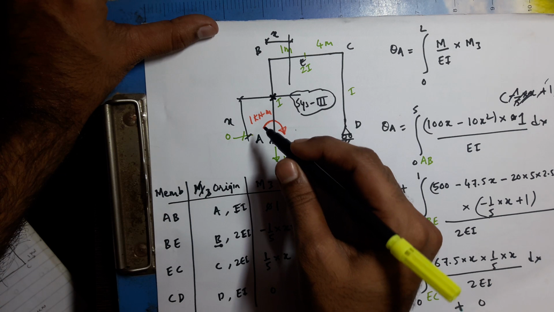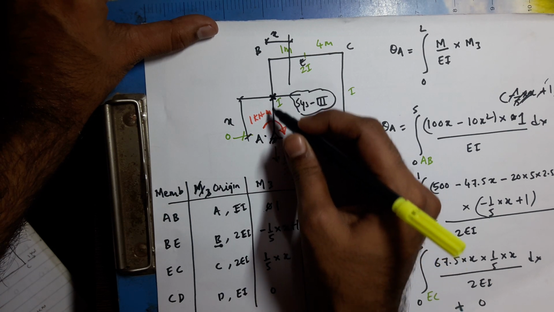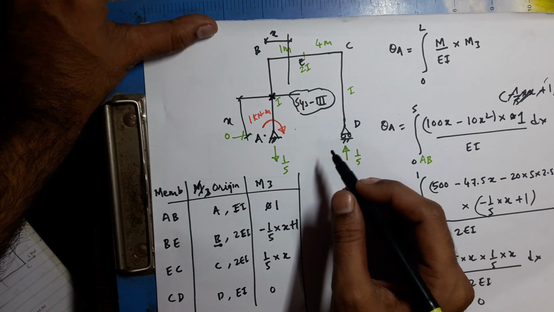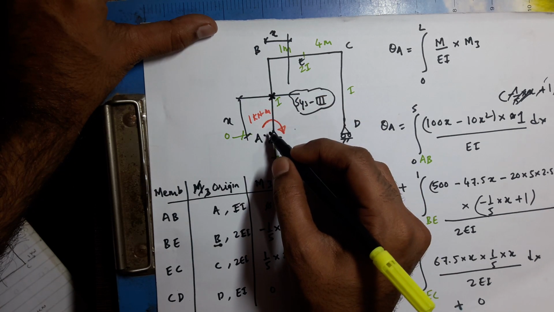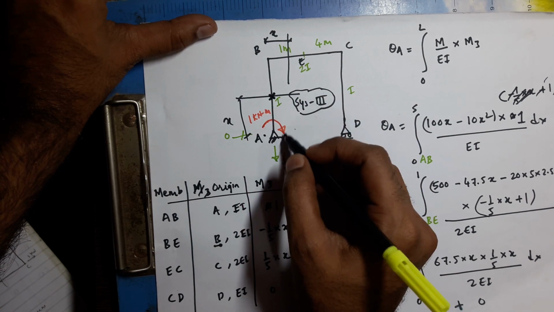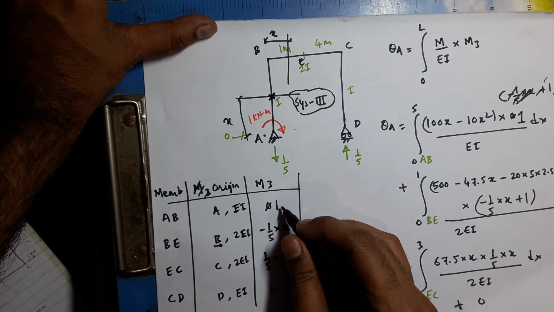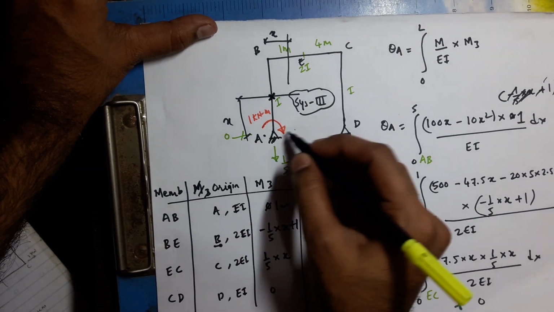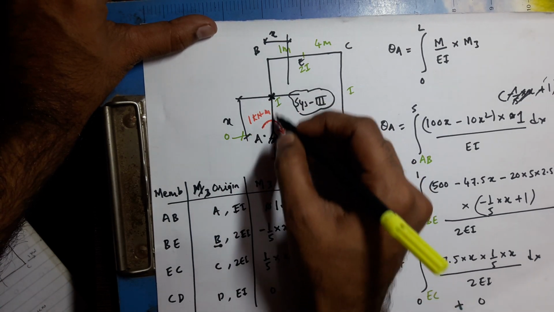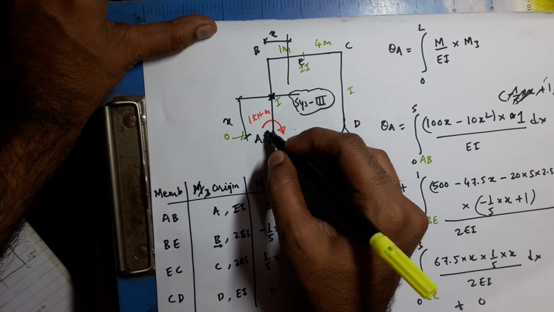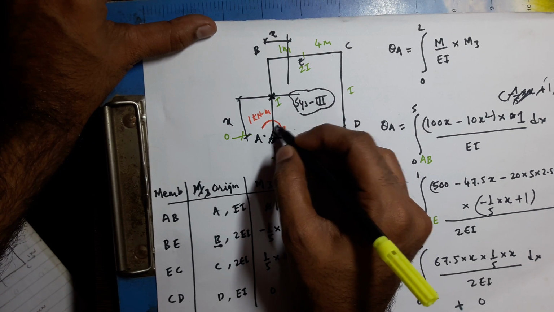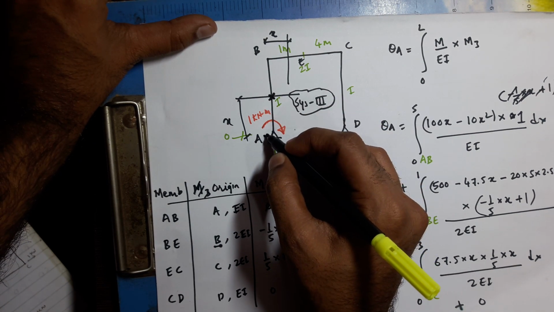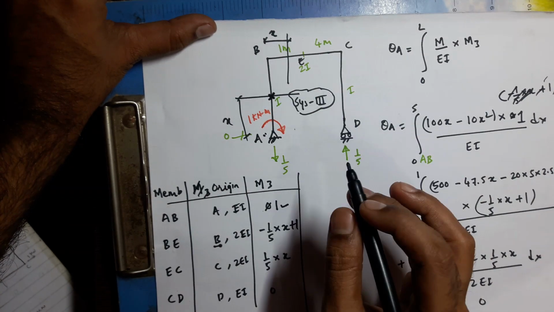So I go from A to this point. When I go, I only get one moment, which is clockwise, so I will write it as 1. There is no perpendicular force to this member. So only 1 kilonewton meter you get when you go from A to this section.